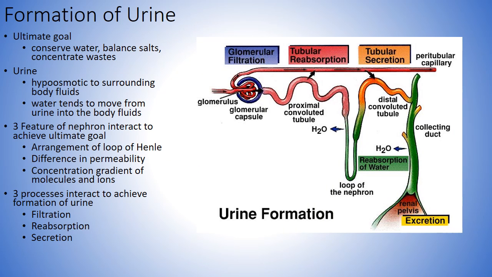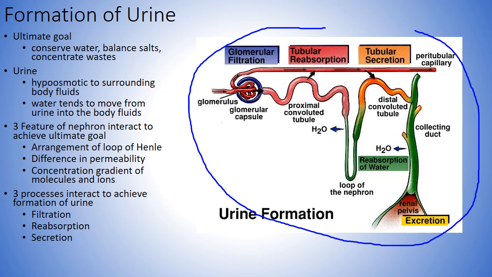Formation of urine. Basically, the kidneys, and we'll talk about this structure here and all of its different functions as we go through urine formation. And basically, what the kidney will do is filter all of the molecules from our blood, and that occurs here in filtration.